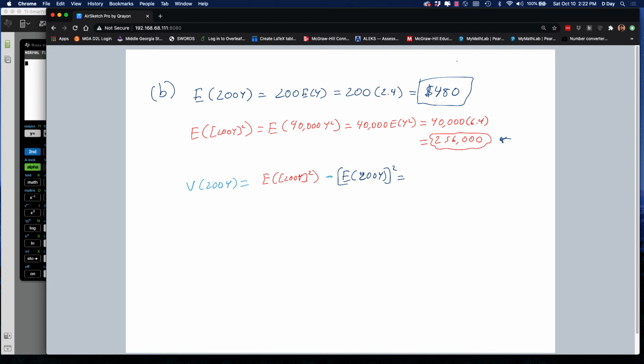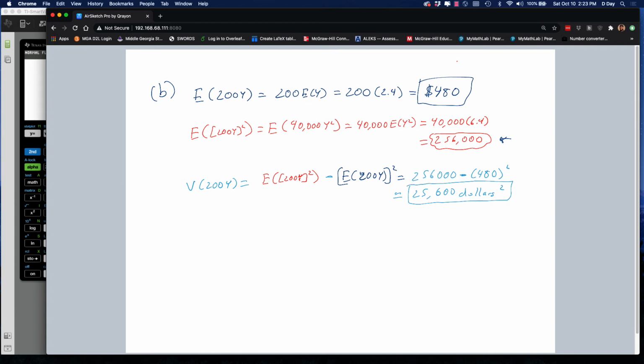It's going to equal 256,000 minus 480 squared, which gives us $25,600 squared. All right, and we needed every bit of that.